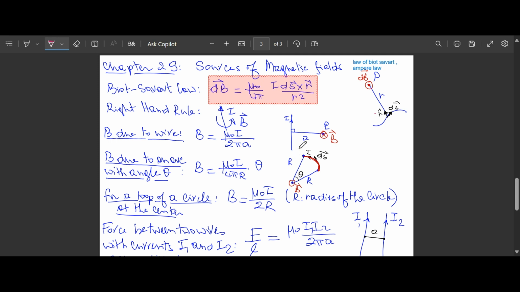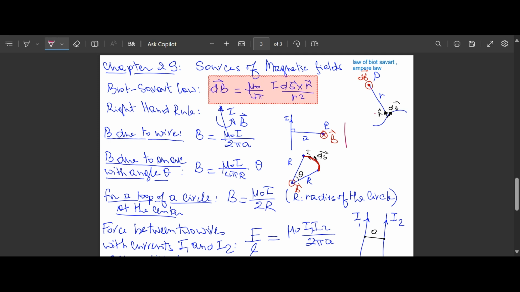The magnetic field will be tangent to the circle. Why? You do this rule: you put your thumb along the current and you curve the fingers of your right hand. It will give you the direction of B, and B will be tangent to the circle of radius A. If you put a current I like this, a magnetic field will be created here, so that B should be like this.